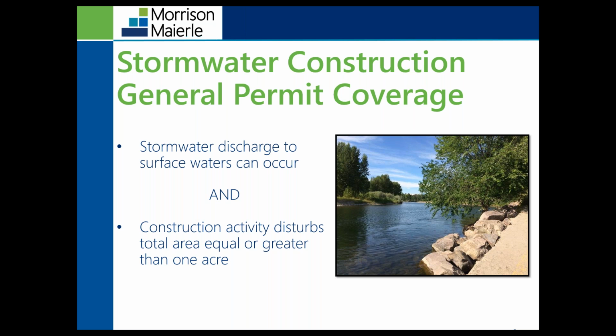So those are the two requirements. That is an and statement, not an or, so you need to meet both of those requirements to obtain this permit. This permit allows you to discharge stormwater from your construction site. Without this permit, you're actually not authorized to discharge any type of stormwater from the site.